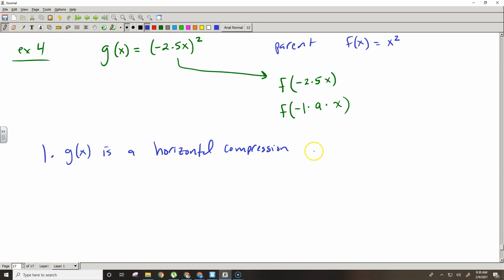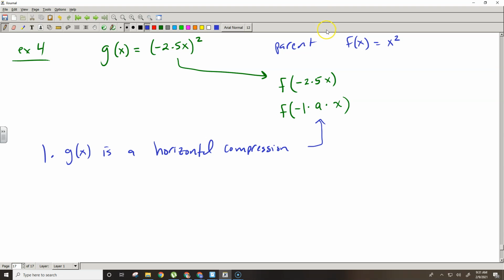It's a horizontal compression because of looking at what we have in this function right here. We have g of x is negative 2.5x all squared. So our a value is 2.5 or negative 2.5. It's inside of that squared term, inside the parentheses.